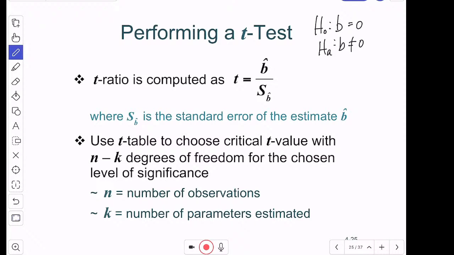You would be testing all the different slopes, and the output would give you that information. So this is the hypothesis against the alternative. The null is no effect. And the alternative is what you believe to be true if you reject H naught.